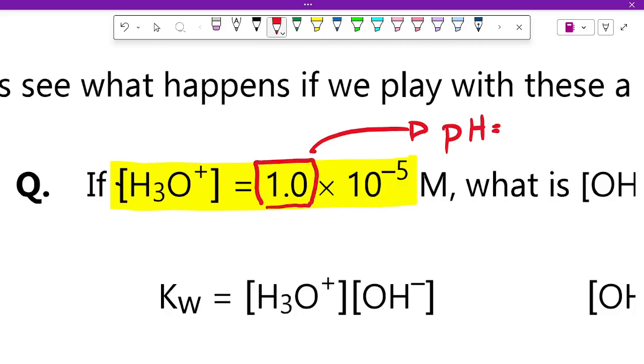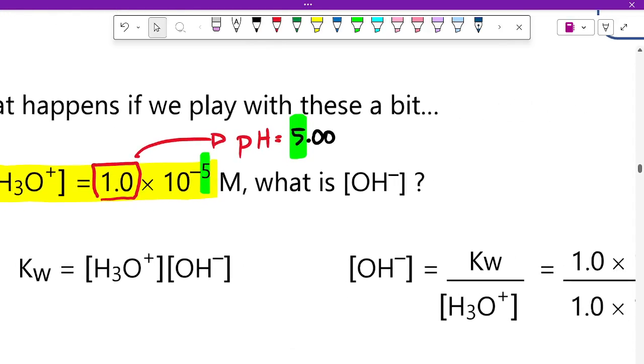Because the coefficient is 1, you just look at the power of 10, so it's going to be a 5. And it shouldn't just be 5, it should be 5.00. If you don't feel comfortable doing that in your head, please feel free to plug it into your calculator. But if you've got a coefficient of 1, you can just do it in your head.